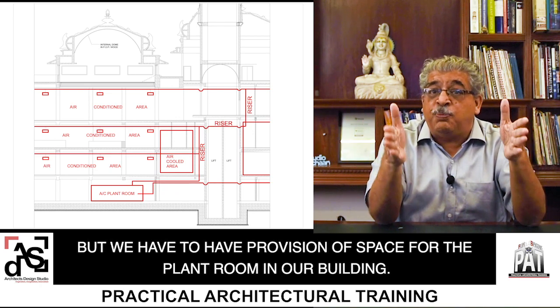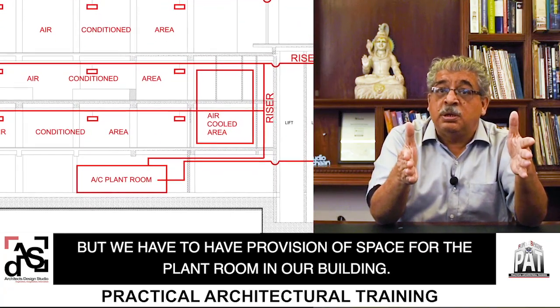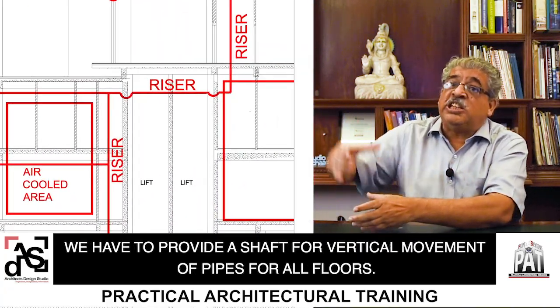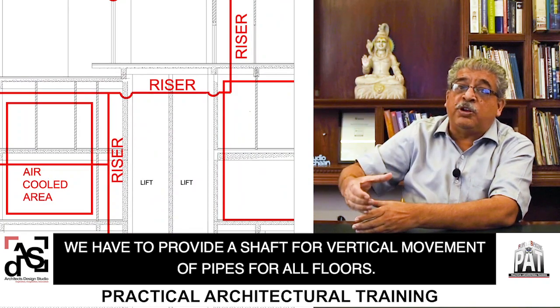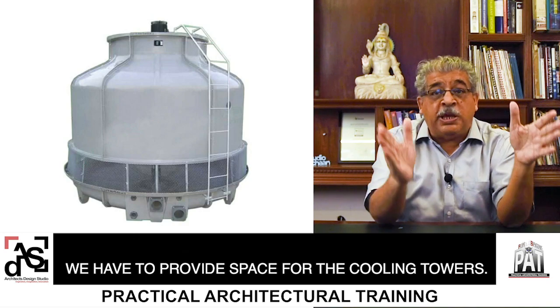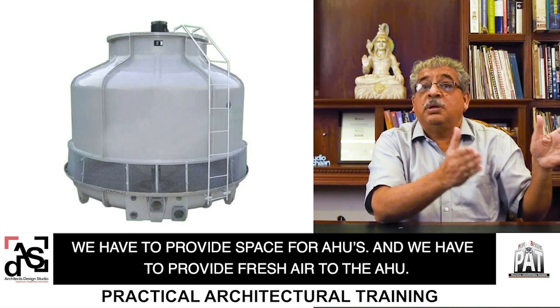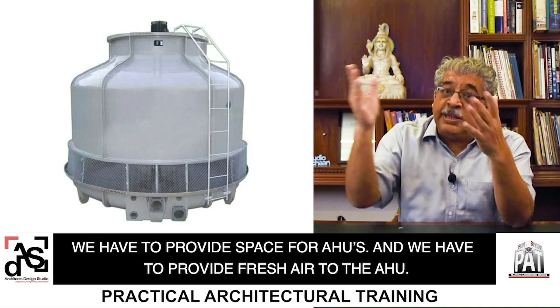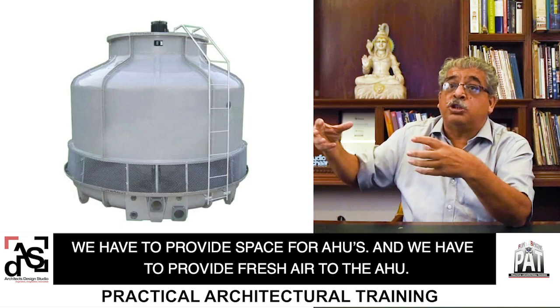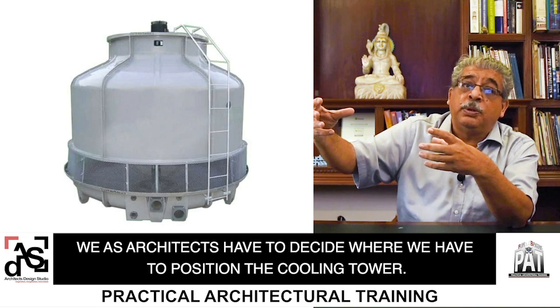But we have to have provision of space for the plant room in our building. We have to provide a shaft for vertical movement of the pipes for all floors. We have to provide space for the cooling towers. We have to provide space for AHUs, and we have to provide fresh air also to the AHU.